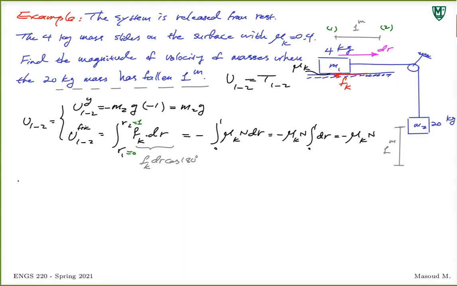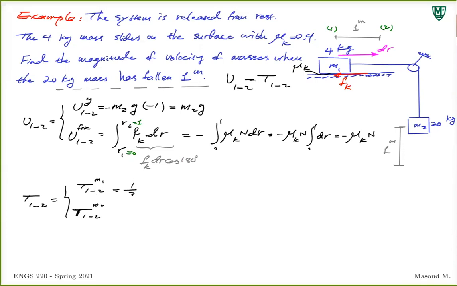The right side of the equation, 1 over 2, 1 over 2 m. Let me write it this way, actually, so later on you know where that comes from. So T from 1 to 2 is T from 1 to 2 for mass 1 and T from 1 to 2 for mass 2.